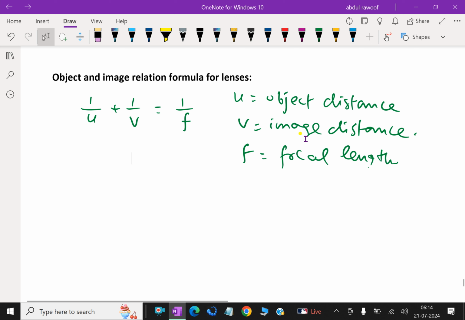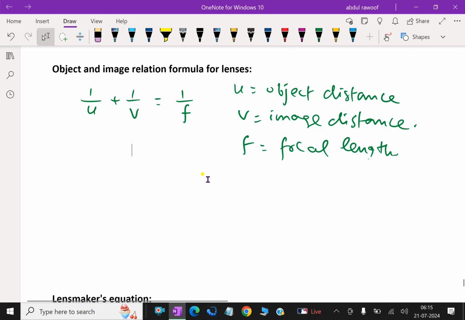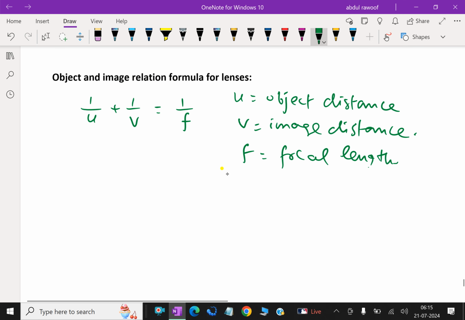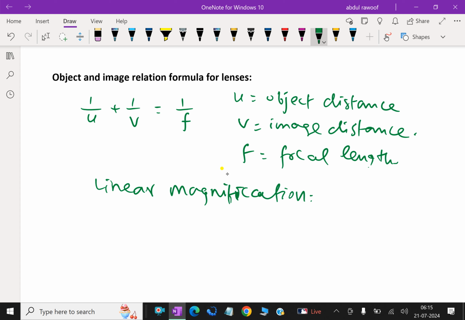Same, v is positive for a real image and negative for a virtual image. f also, f is positive for a converging lens and negative for a diverging lens. Now, linear magnification. What is linear magnification?